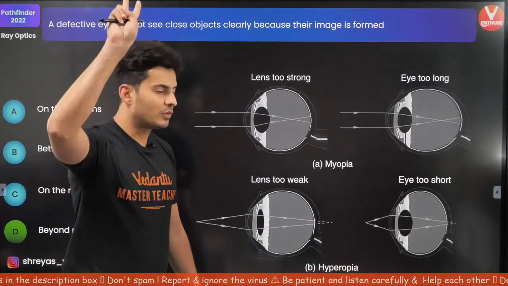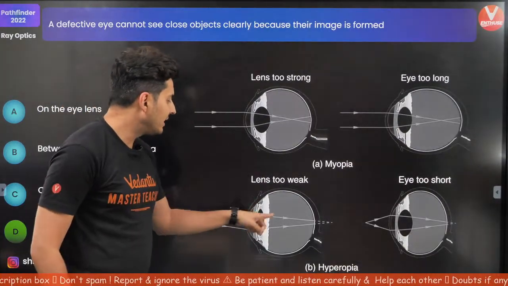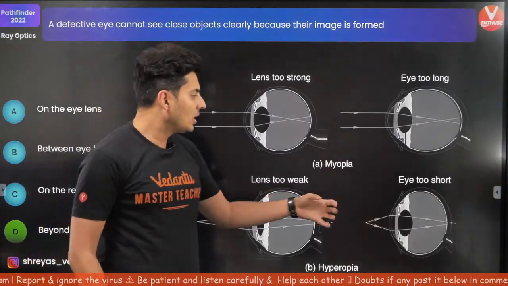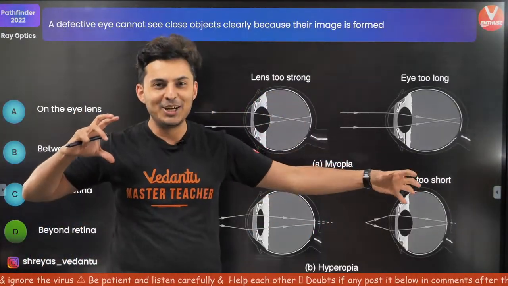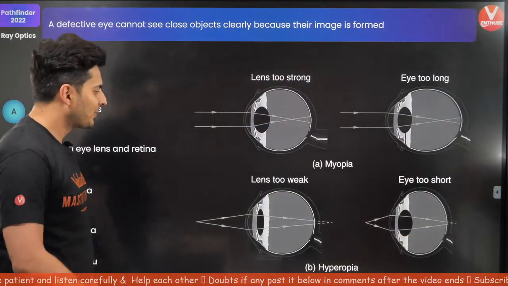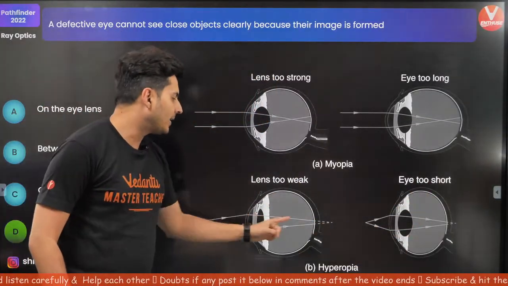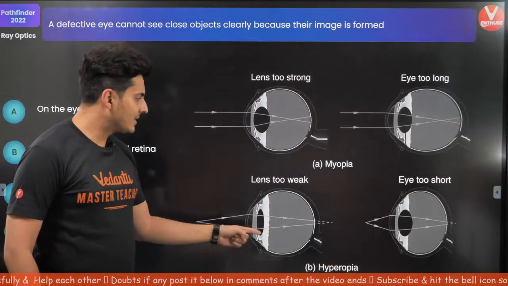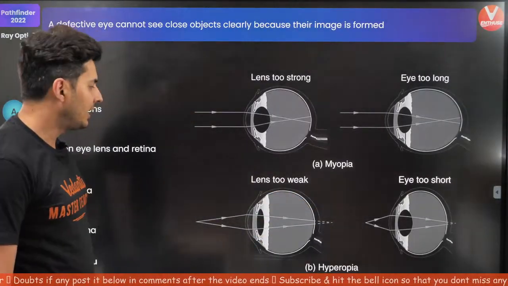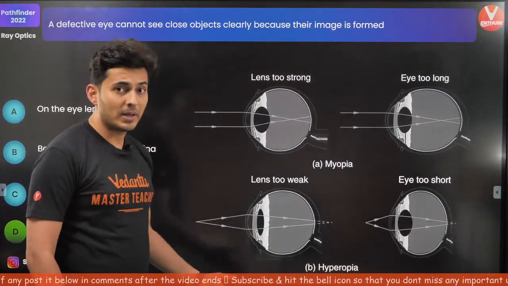This can happen because of two things. Either the lens of the eye is weak, so you are unable to focus, or number 2, the eyeball is elongated for some reason. So these are the only two ways. But anyways, you get the idea. The eye's lens is unable to focus, so the image is formed behind the retina. That is also called hyperopia.